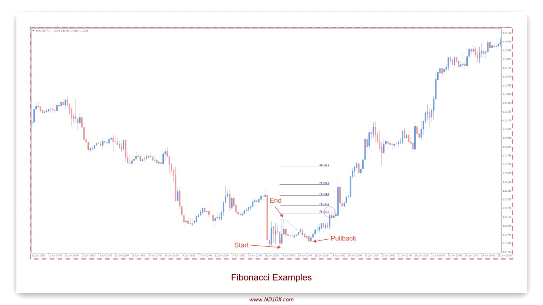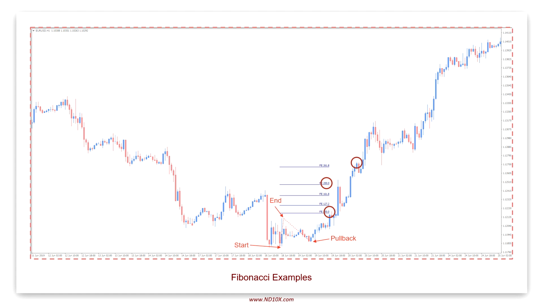And what we can see here is that first we tested 100%, then we tested 200%, just because everything from 127 to 161.8 and 200 was reached in one candle. So I would just skip to the 200%. Price made the pullback after that and continued to move higher to 261.8.